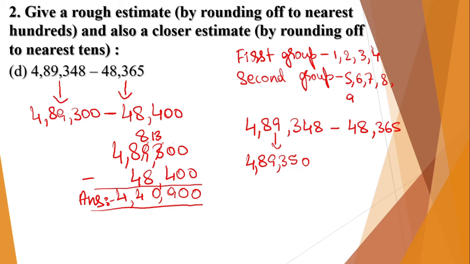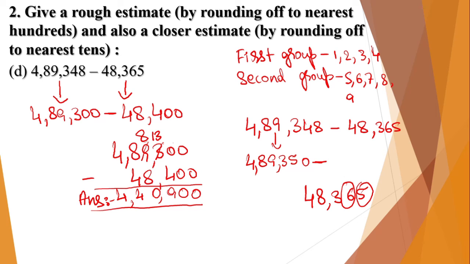Now the operation is subtract here. And the second number which we have is 48,365. Now here we should circle 6 because it's in tens place, and we should circle 5 because it's next to 6. And if we check, 5 is in the second group. So if the number is in the second group, we will add 1 to the first circle digit, which is 6 here.